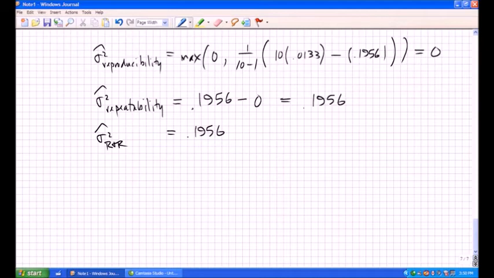This says that, yes, there are differences between the p-hat values, but the intrinsic binomial variation, this measure of average binomial variance, is so large that, sure, there are differences between the p-hats, but if we had to make a best guess at how much variance there really is between the p's, we would estimate that to be 0.